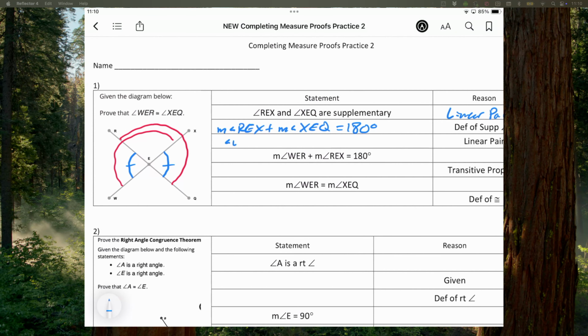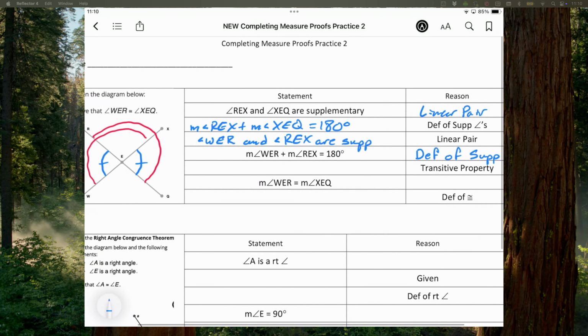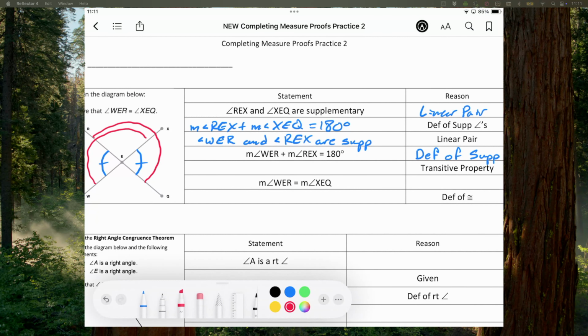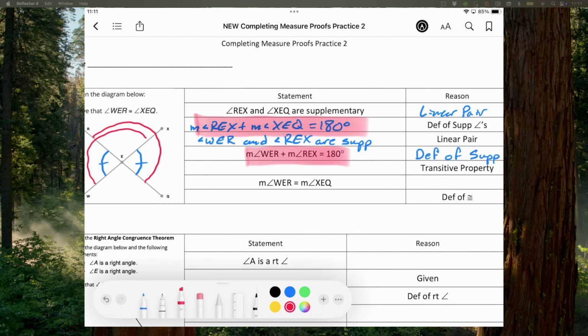So, angle WER and angle REX are supplementary. They are 180 degrees because of definition of supplementary. Now, because both of them are equal to 180, they must be equal to each other.